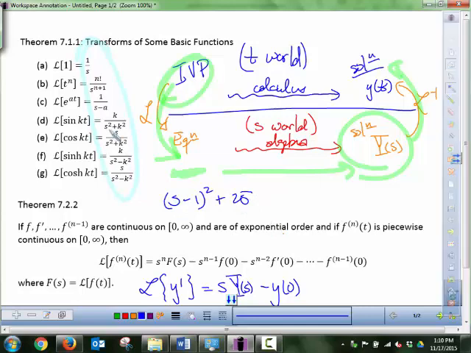That doesn't look like any of these things, but it looks awfully close to this, or if this was a denominator, it looks close to either the sine or the cosine. So there's going to be some rewriting so that you're dealing with shifts like this.